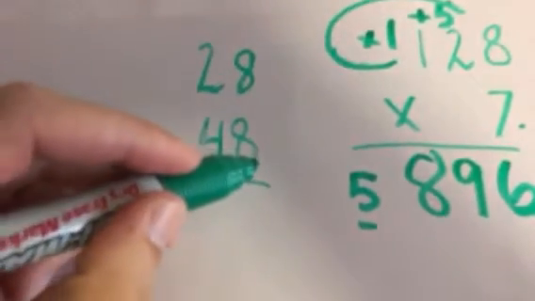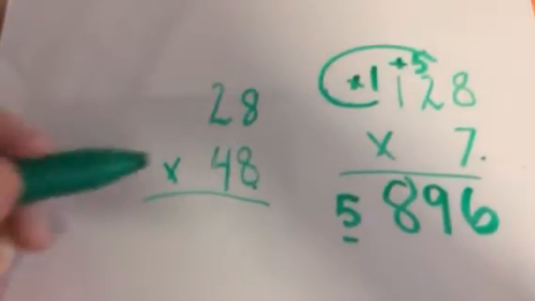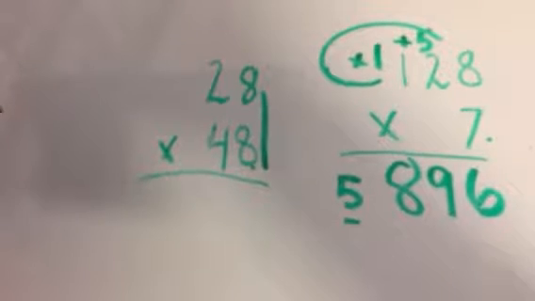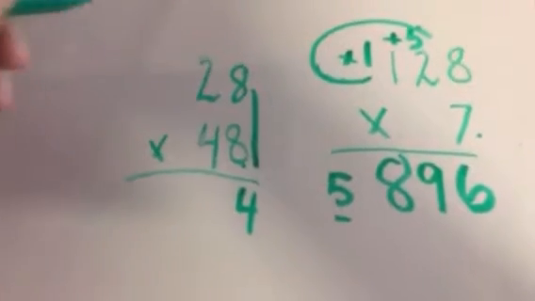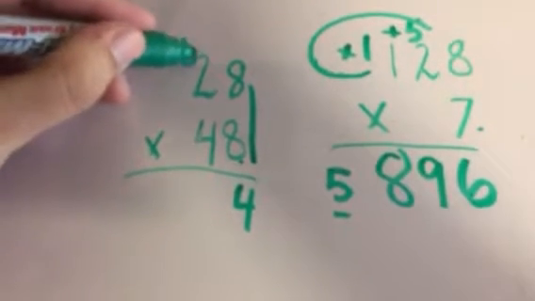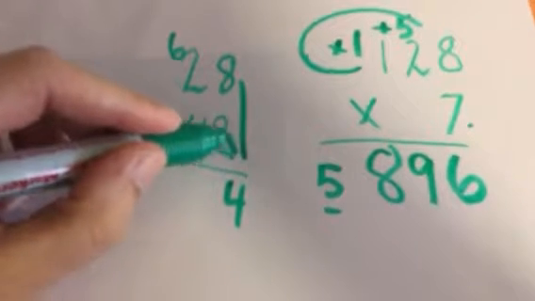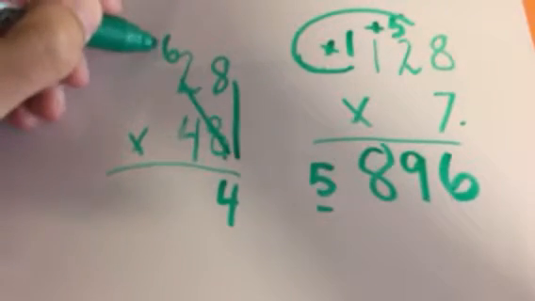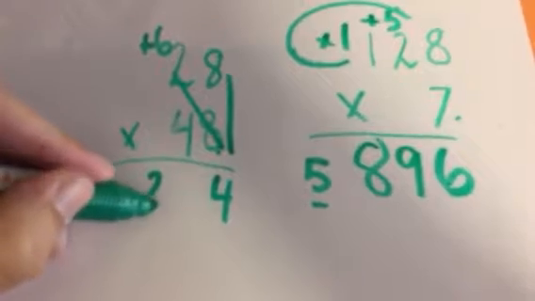So again, starting in the bottom right hand corner, 8 times 8 equals 64. Put down the 4, carry the 6. 8 times 2 equals 16, plus 6 equals 22.